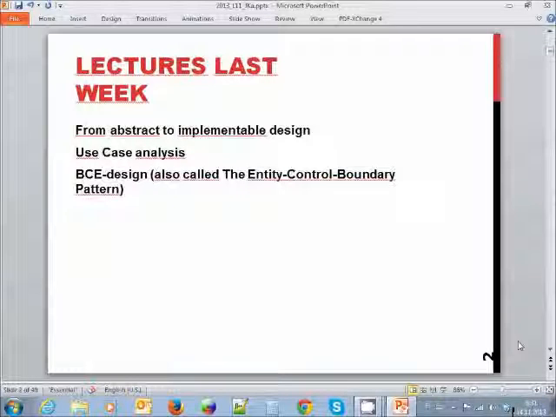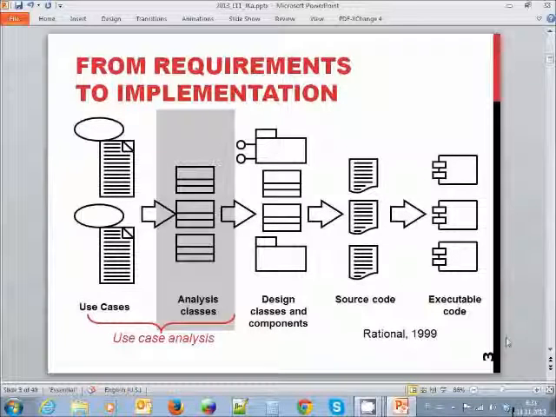Before we go to the Agile methods, let's go through a few things about the BCE design which weren't mentioned last week. Overall, the idea is that from the abstract models, we go to analysis classes, then to actual design, logical views, and design all the different things needed to create source code and compile it to executable code, which can then be tested and released.